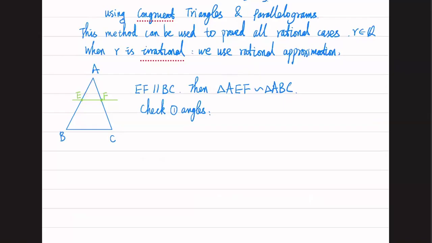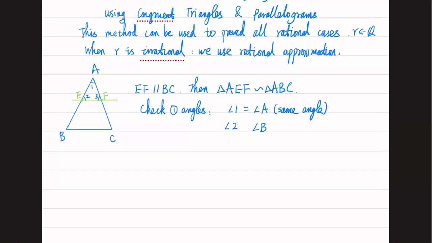For the first triangle, we have 1, 2, 3. For the second triangle, we have angle 1 the same as angle A, and angles 2 and 3 with B and C. Angle 1 equals angle A because it is the same angle.